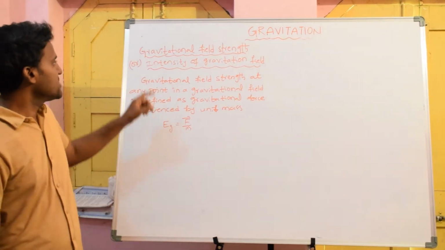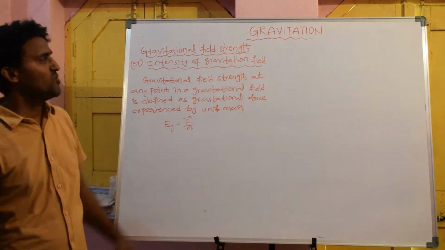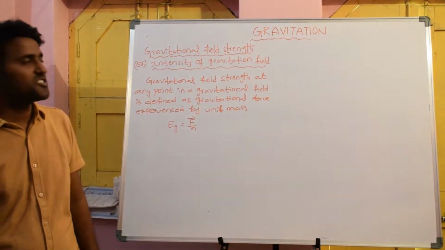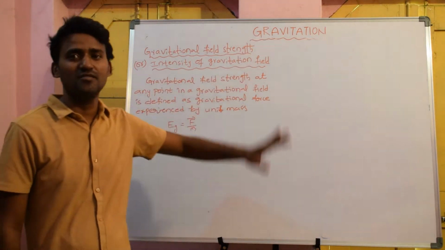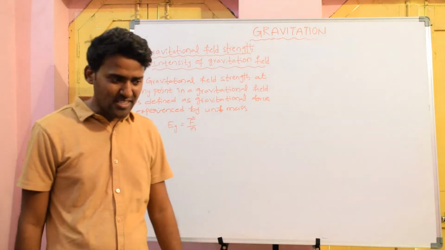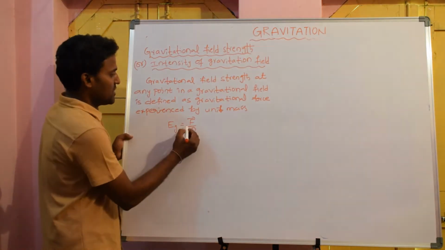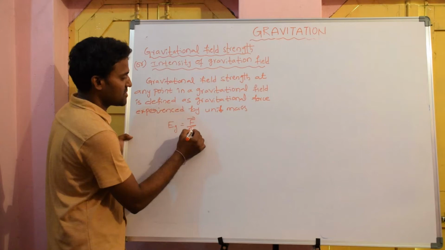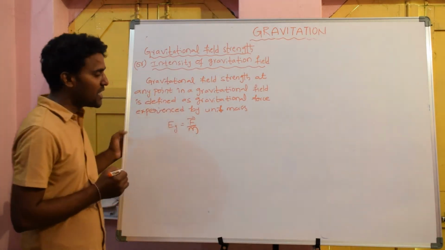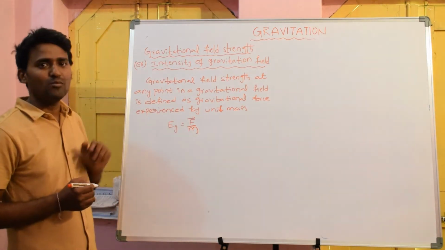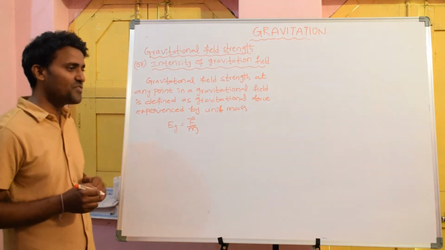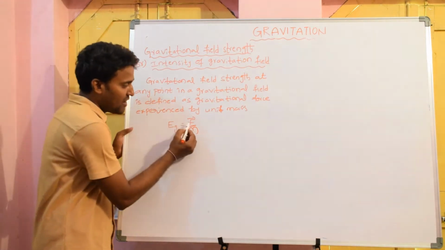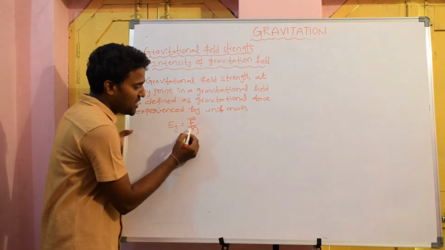Now we can discuss gravitational field strength. What is the gravitational field strength, or intensity of the gravitational field? The gravitational field is nothing but the gravitational force experienced per unit mass. The gravitational force experienced by a unit mass is called the intensity of the gravitational field.